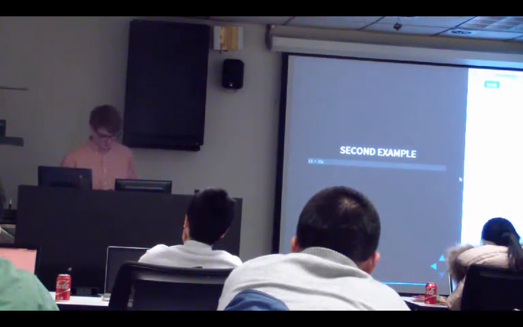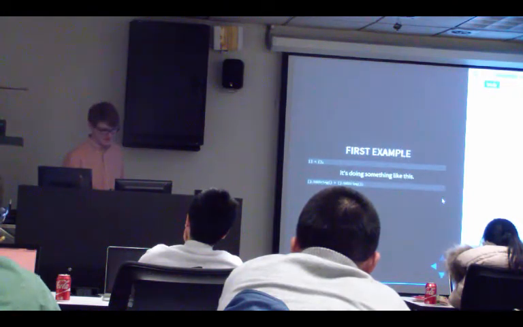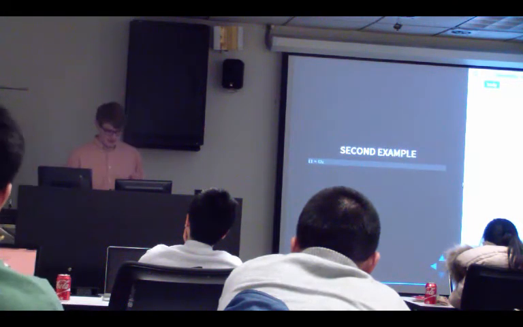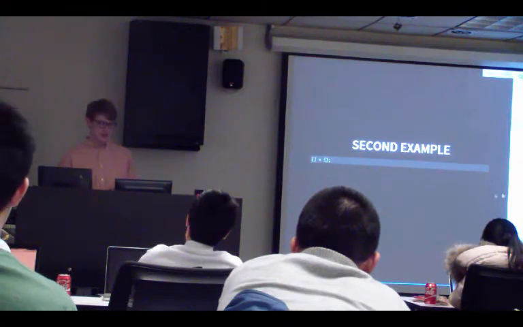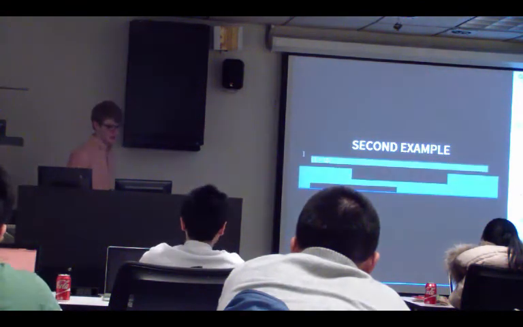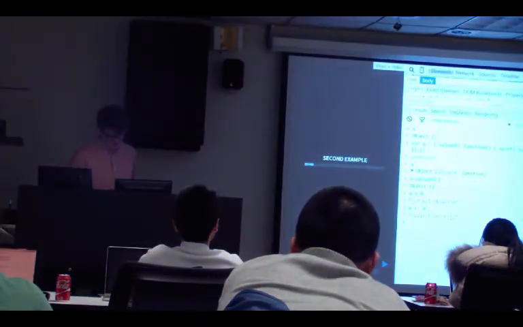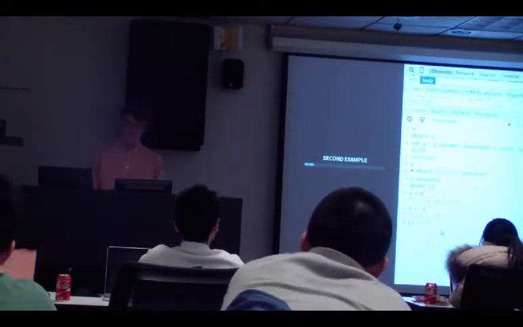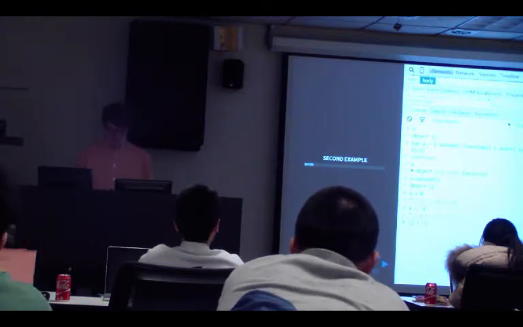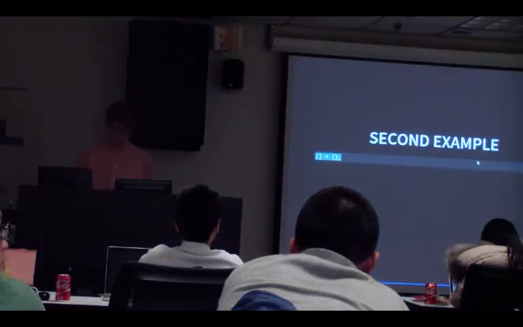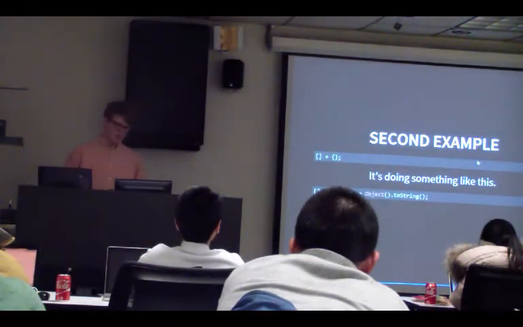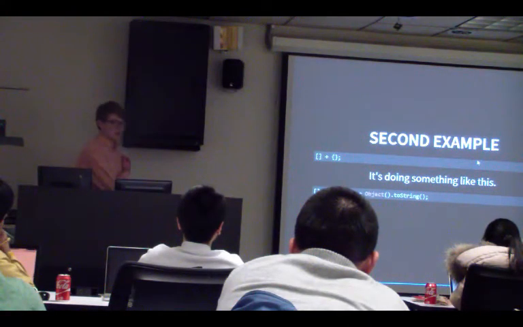So the second example is we're adding an array with an object. Using the same logic, I don't want to give you the answer before we get there, but we're going to end up with something like this.